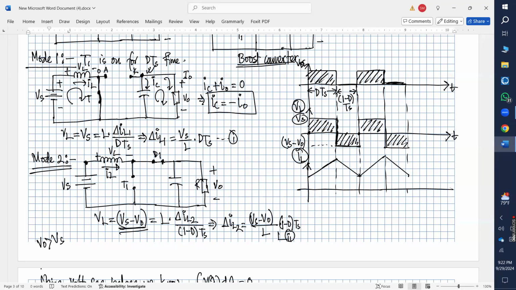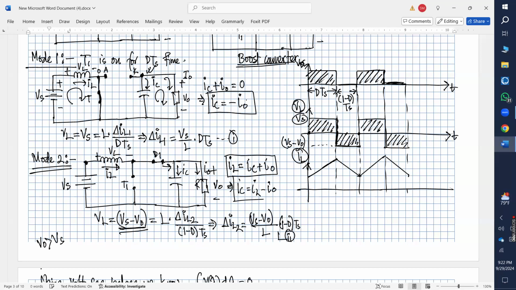So in mode 2, what will happen? This inductor current will go here, and then it will be divided into these two branches. That should be my IC, and that should be my I naught. So your IL would be equal to IC plus I naught, right? In the previous case, your IC was actually negative of I naught, but in this case your IC will be the difference, so we can write IC equals IL minus I naught.